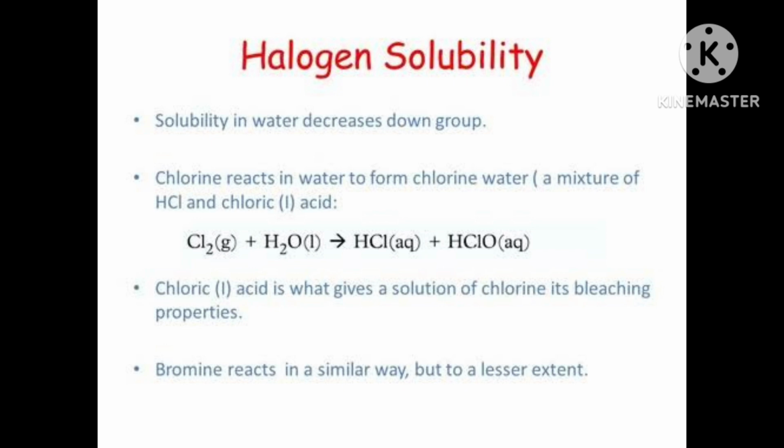HOCl, a question is asked. HOCl is called hypochlorous acid. Hypochlorous acid so formed gives nascent oxygen. Nascent oxygen means O, which is responsible for the oxidizing and bleaching properties of chlorine. Again, this question is asked.